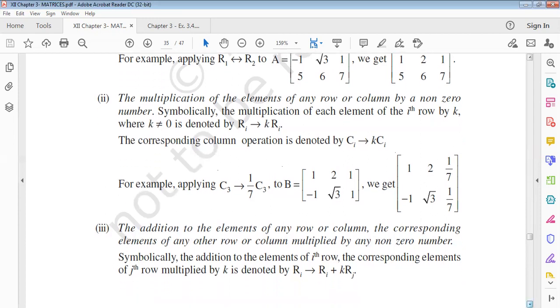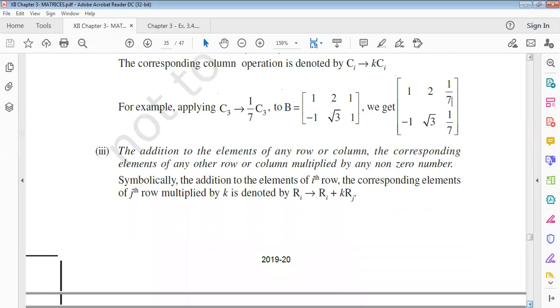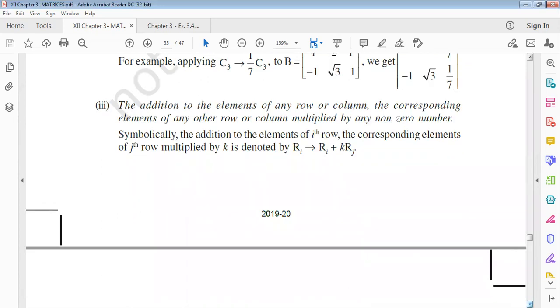And the third elementary transformation is the addition to the elements of any row or column, the corresponding elements of any other row or column multiplied by a non-zero element. That means symbolically, the addition to the elements of the ith row, the corresponding elements of the jth row multiplied by k.